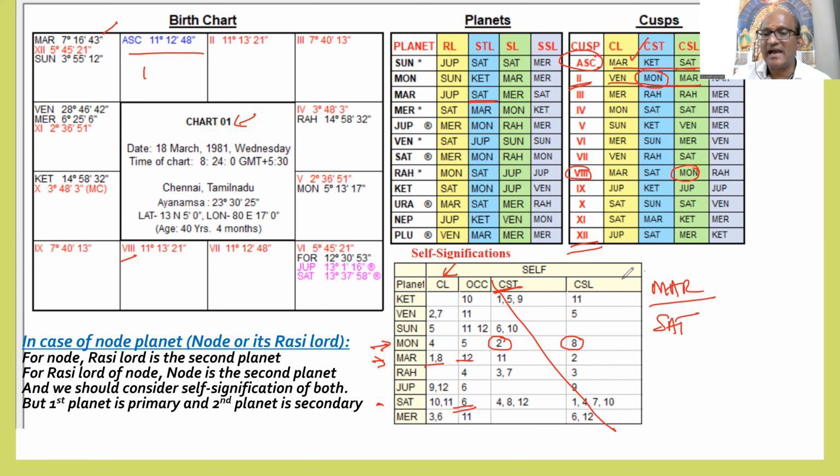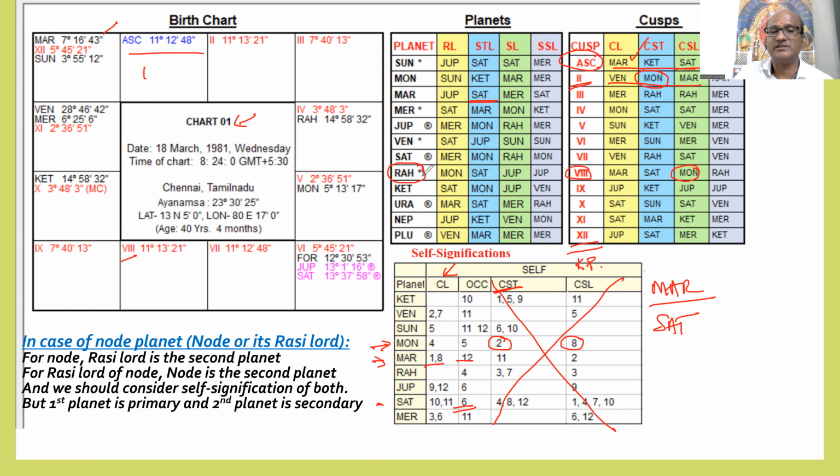I'll put it this way. In KP, there is a golden rule. For example, Rahu is an untenanted planet. You can see that star symbol. Mercury is an untenanted planet.